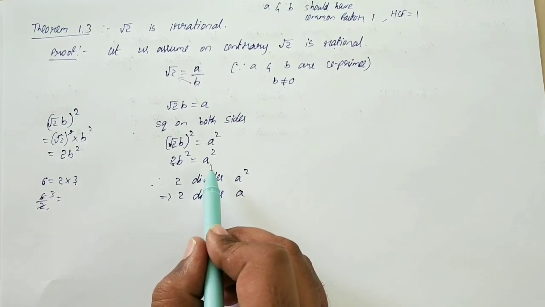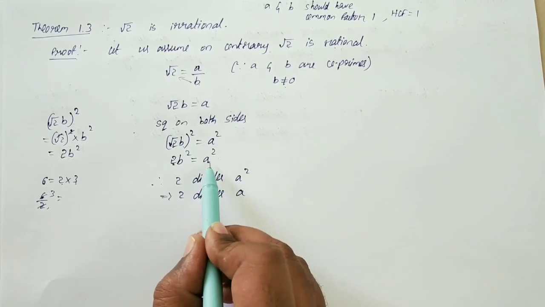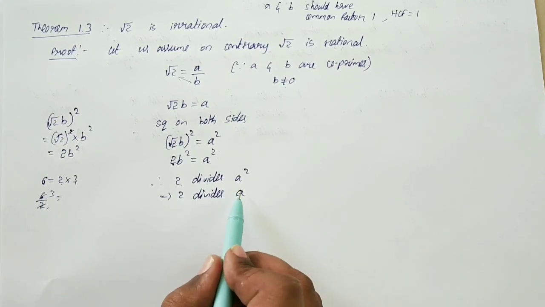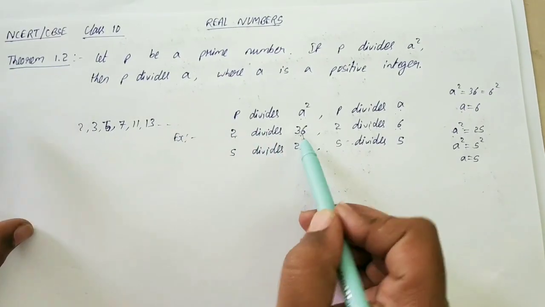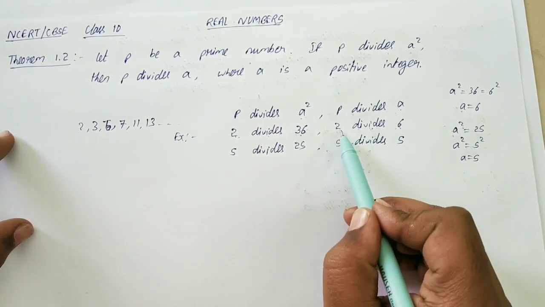So if 2 is a factor of this a square, then this a square can be divided by 2. Also this a can be divided by 2 as theorem 1.2 says. So see here, if 36 is divided by 2, then 6 is also divided by 2.